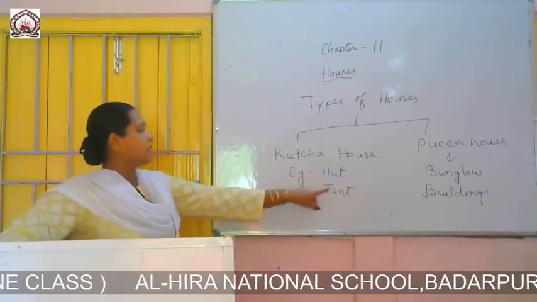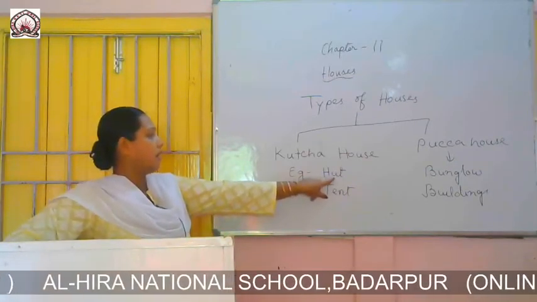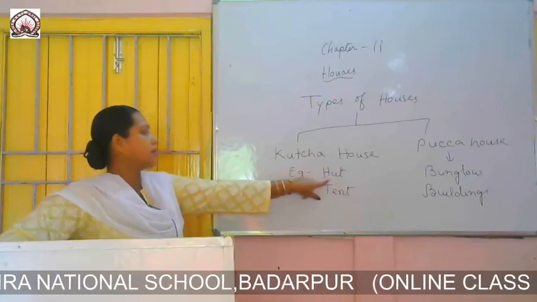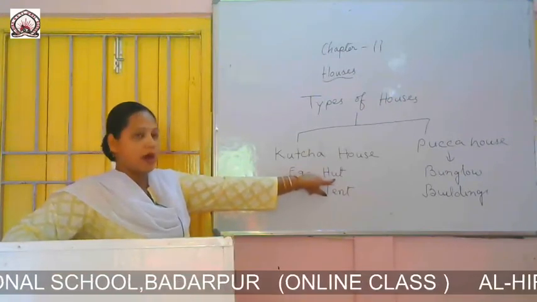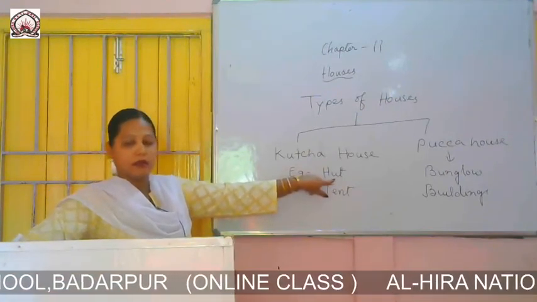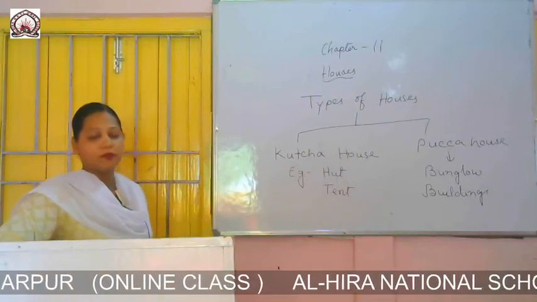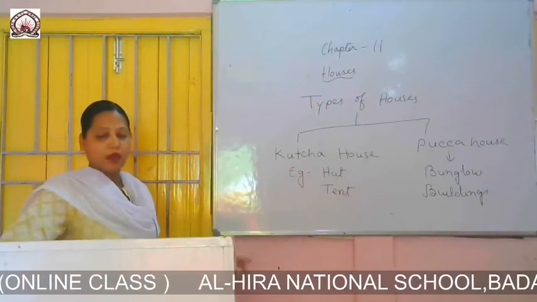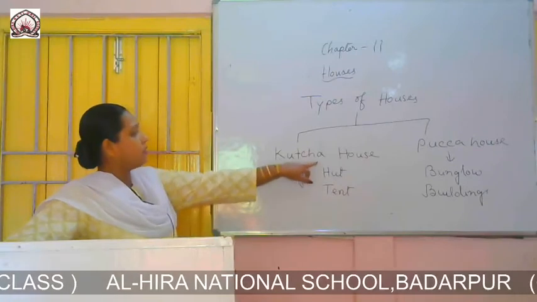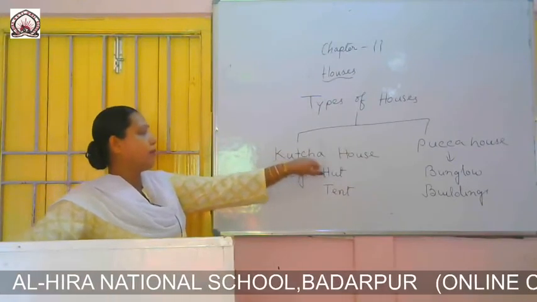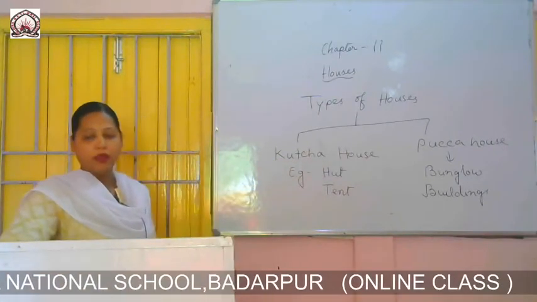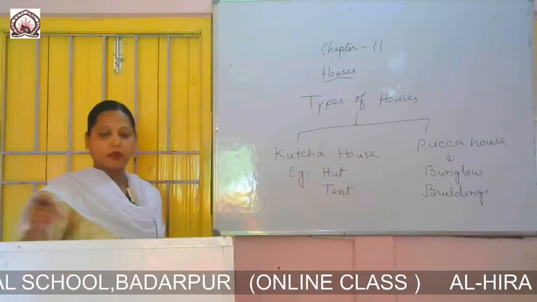Another example of kacha house is a hut. So what is a hut? A hut is an example of kacha house. A hut is made up of straw, bamboo and leaves.